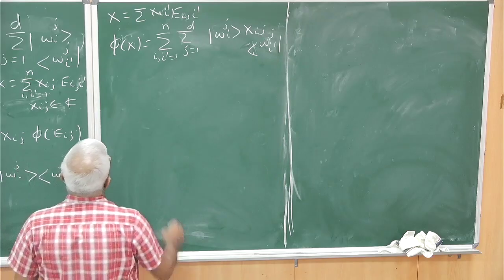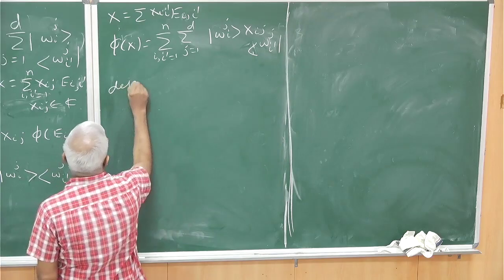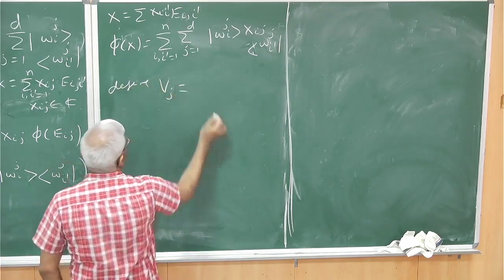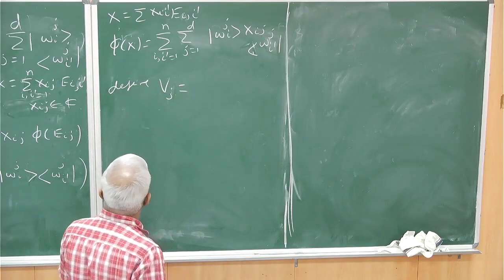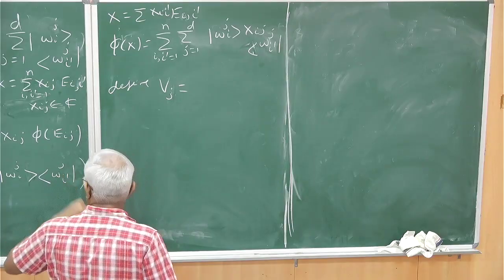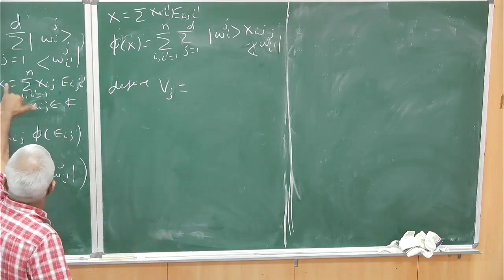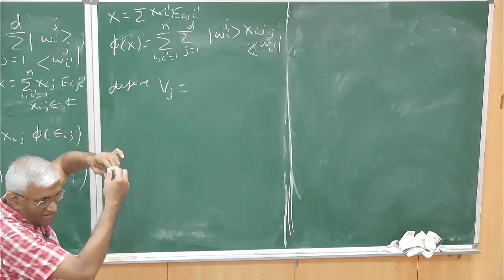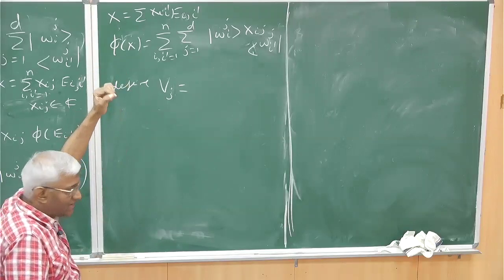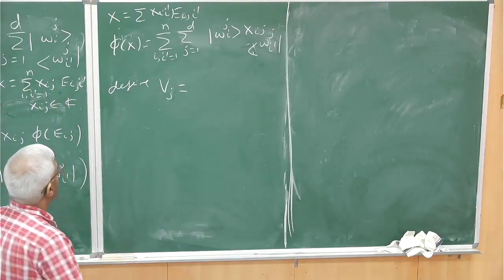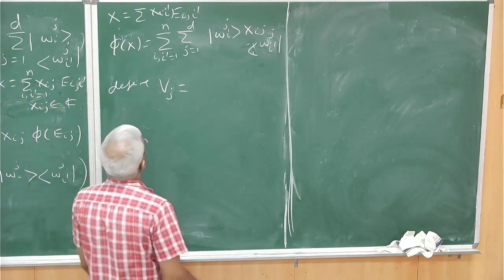Now I do the following. I define matrix V_i, V_j to be, these V_j are the same as those small V_j. V_j are n d vectors, which you can write as d cross n vectors.